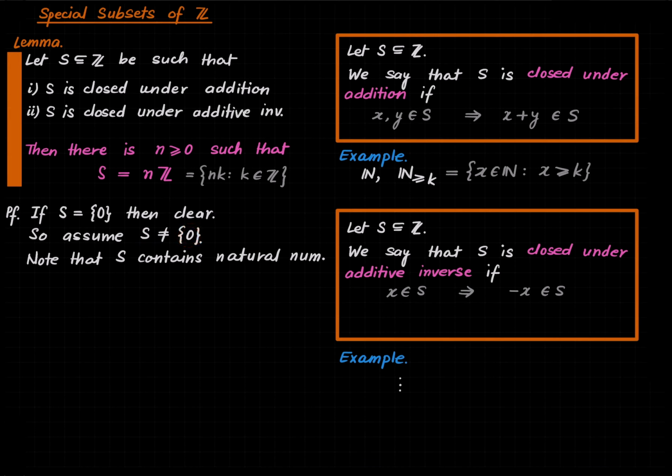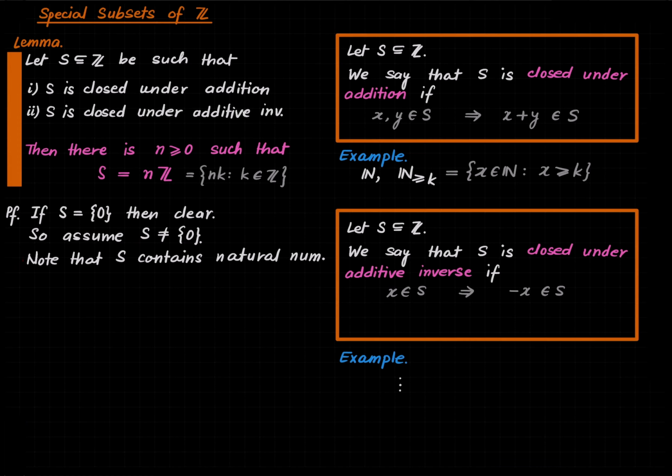If it is already positive, then this remark holds. If it is not positive, then it is negative, and then you can use the second property, to take the additive inverse of it and therefore find a natural number in S. So this is a simple check.